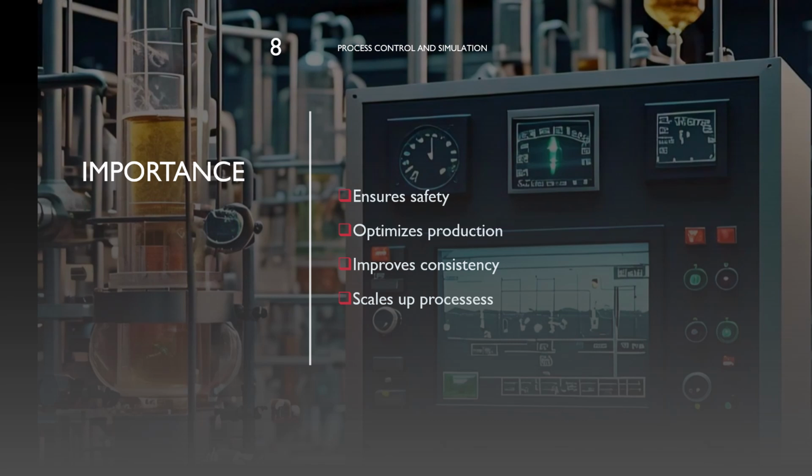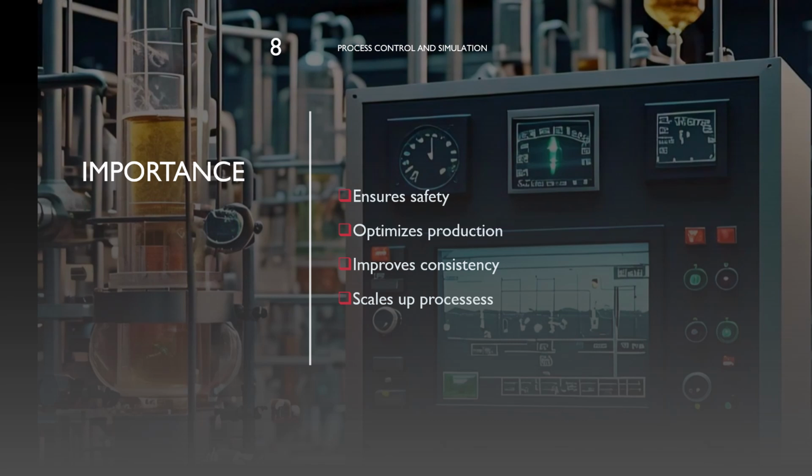Yes, you are able to optimize production, because if you can vary the temperature, the pressure, the volume of the reactants, in this case for ammonia, nitrogen and hydrogen, in proportions that can optimize the production of ammonia, then you obviously improve or scale up the process.